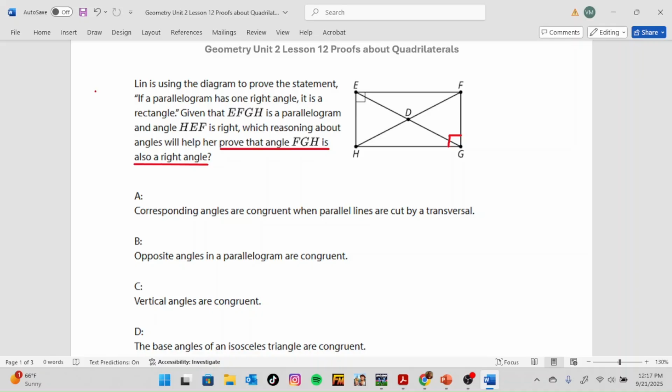Well, if I am talking about the top left corner angle and the bottom right corner angle, then I am referencing opposite angles.